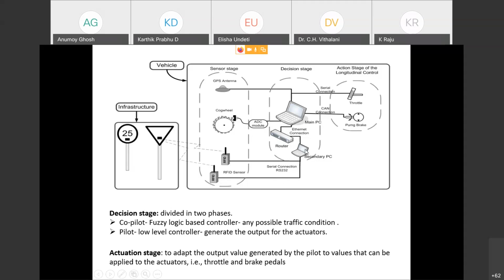After decoding the voltage information in the secondary PC, it will give it through the router to the main PC. It has been shown here as a PC, but it is a high level microcontroller. As per that value, it will give out a voltage to the throttle and the pump brake through this sensor. So this is generally the decision stage and actuation stage.